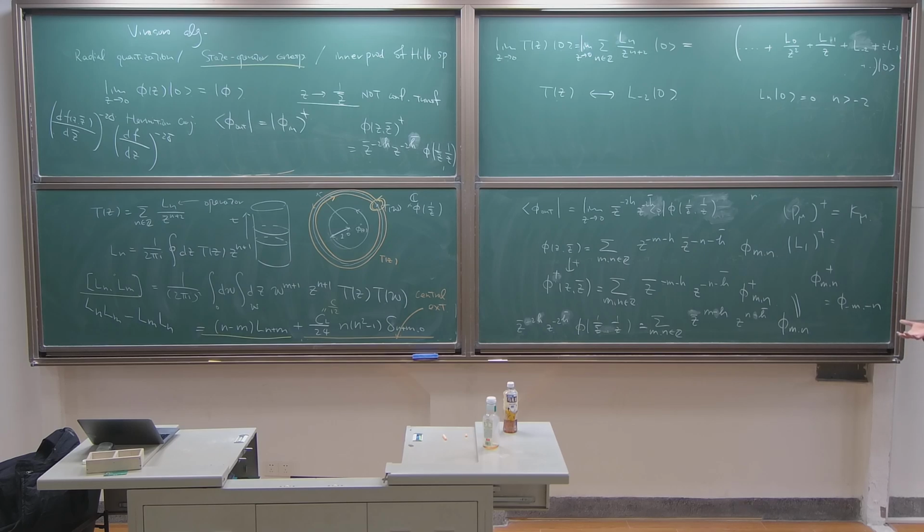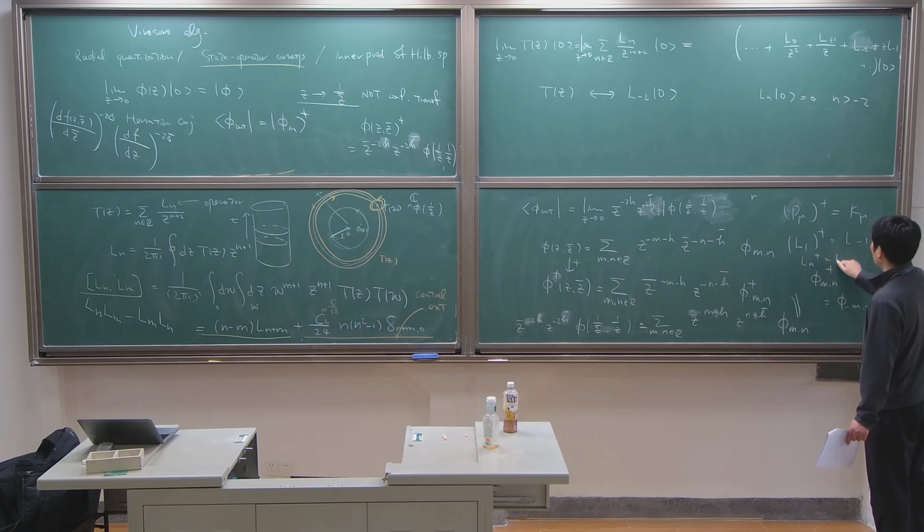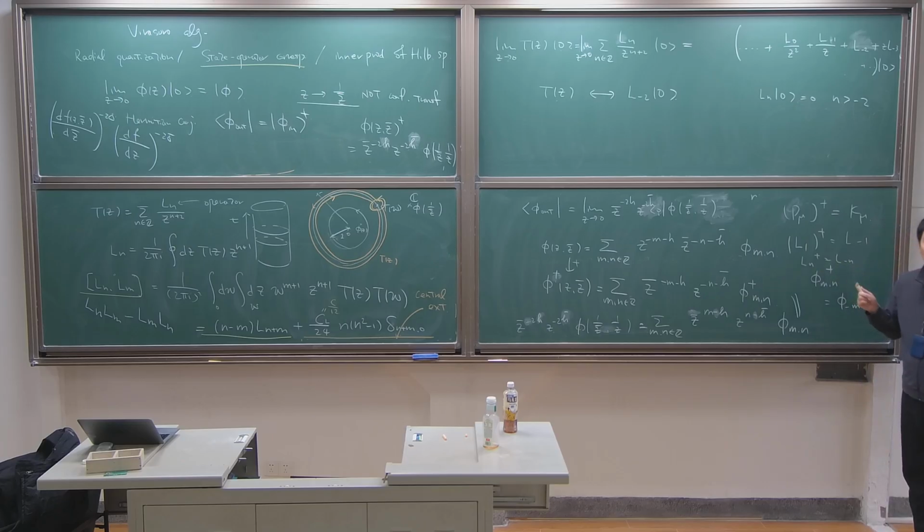The Virasoro algebra. L_{-1}. Good. So it's really consistent with this relation. If you take the dagger of L_1, you should get L_{-1}. This is n going to minus n. So essentially L_n dagger is equal to L_{-n}. That's the Hermitian conjugate.